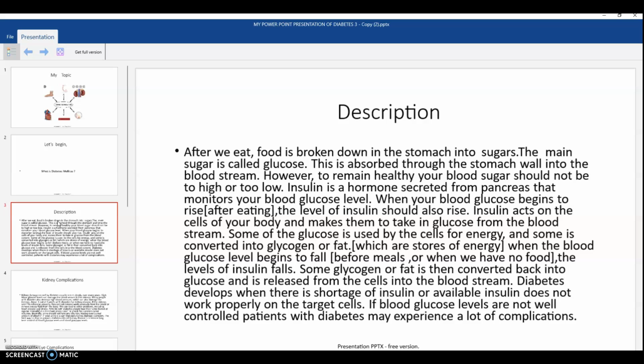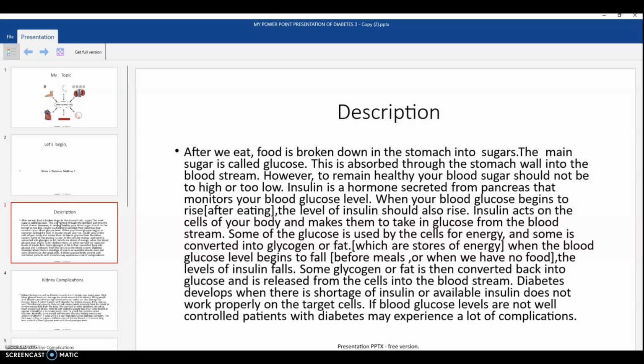So this insulin acts on the cells of your body and makes them take in glucose from the bloodstream. And some of this glucose is used by cells and some is converted into glycogen or fat.